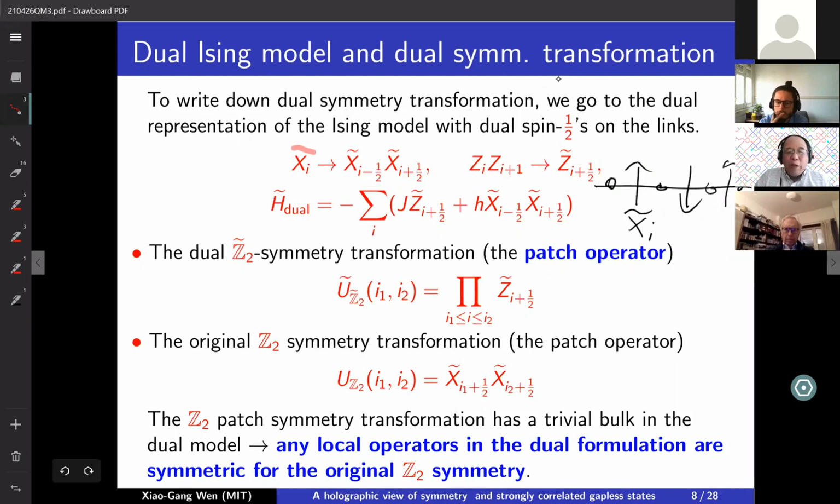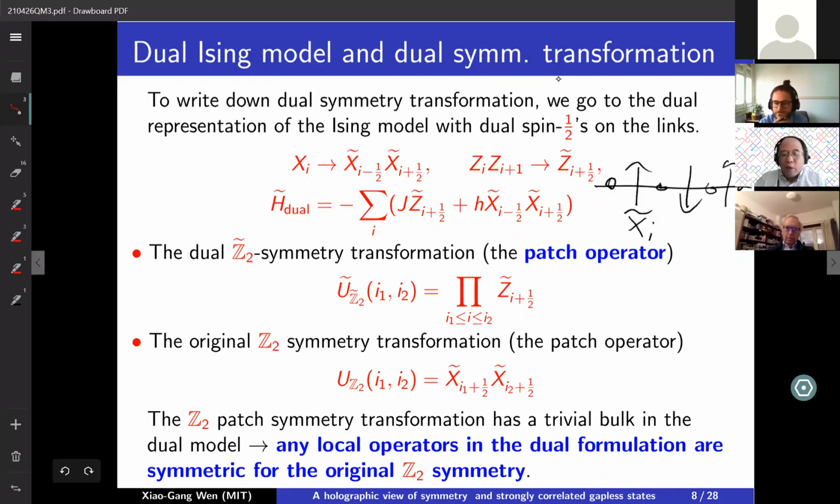The operator acting on the spin on the site, like Xi, becomes a pair of operators acting on spins on the links, and the original ZZ interaction becomes a single operator on the spin on the link. So this is the transformation, and we get this dual Ising model, which actually has the same form as the original Ising model.